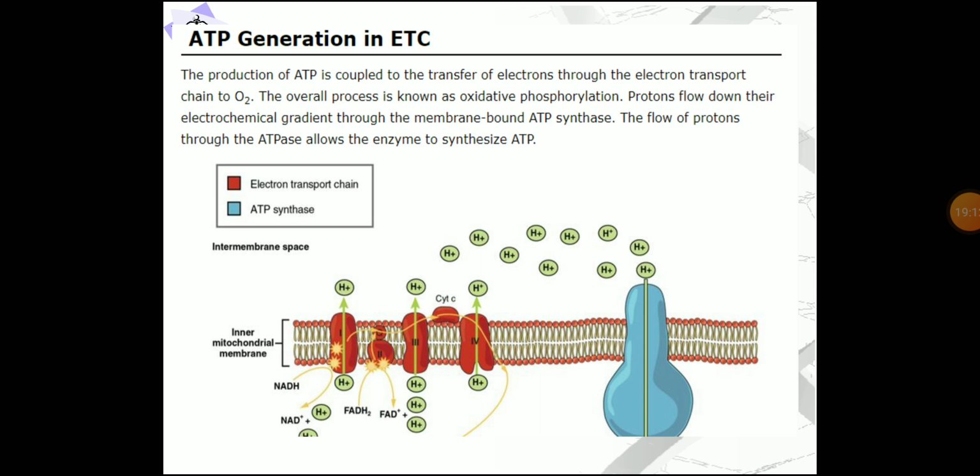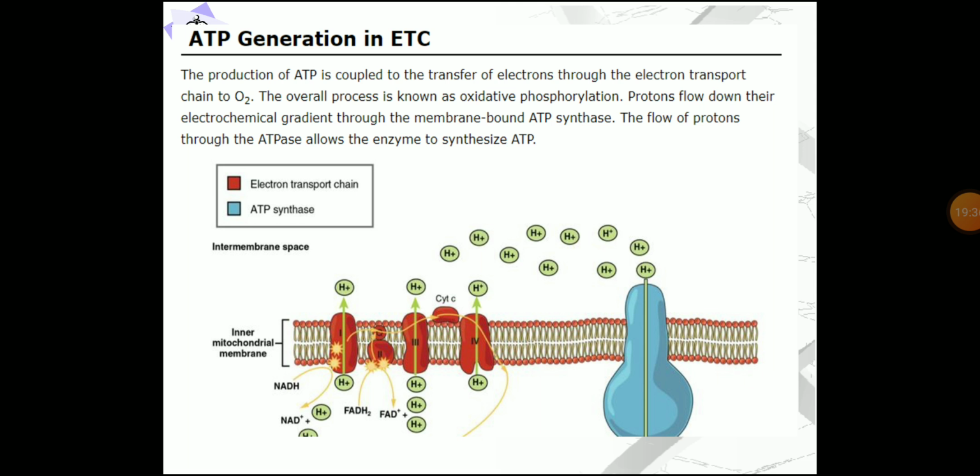Remember, always mention which are the components, that is enzymes, proteins, carriers, and iron sulfur proteins, etc. Then mention where it is occurring in the mitochondrial membrane, and what its use is: the oxygen is converted to water and energy is produced.